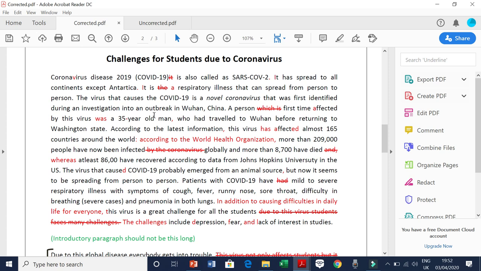I have to see what sort of language you have used, how many words, whether you were repeating those words time and again. So I have to check for all these things. This was one of the examples that I wanted to give you.